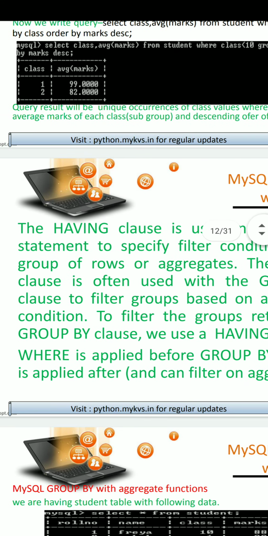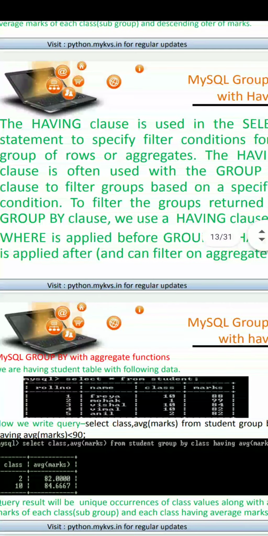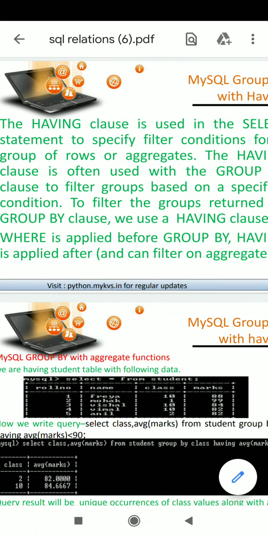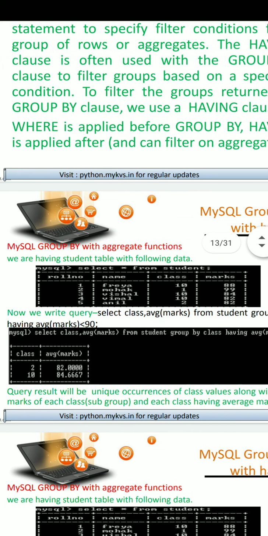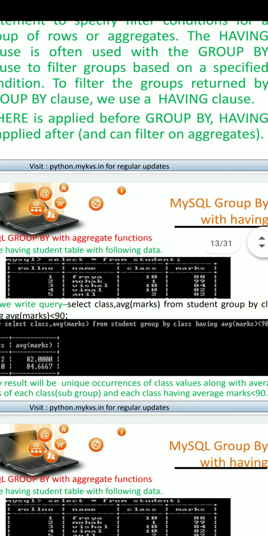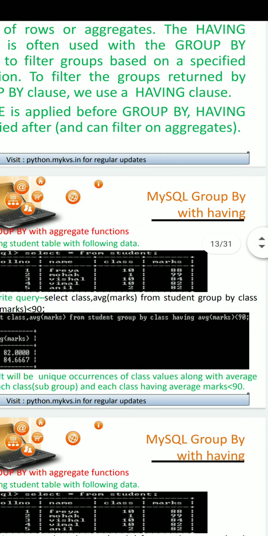Okay, now next, the having clause. The having clause is used to apply a condition over grouping. Suppose we have average marks and we write select class, average of marks from student group by class having average of marks less than 90.